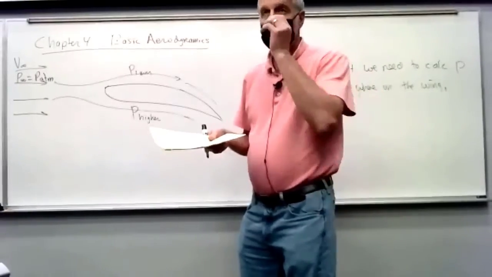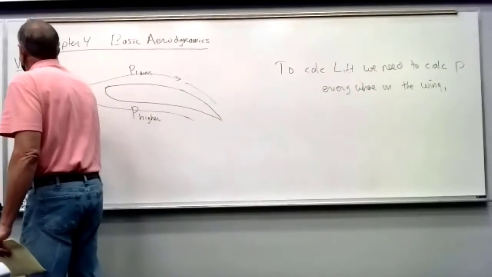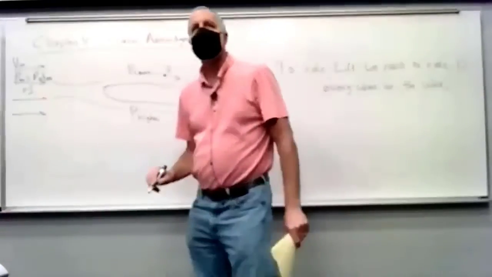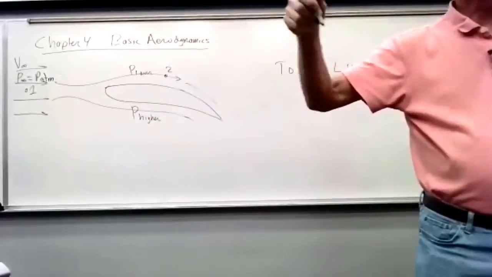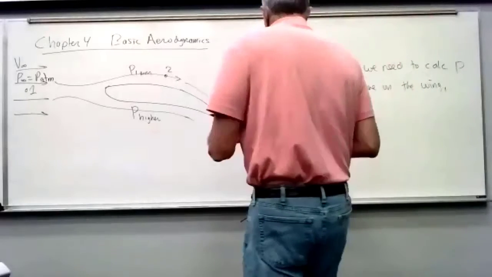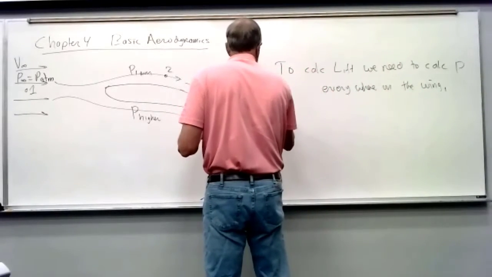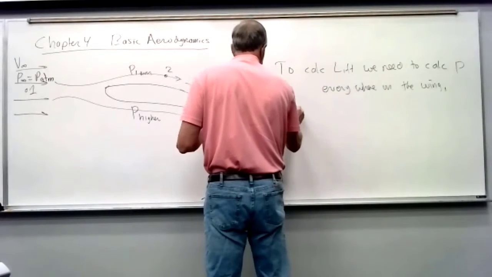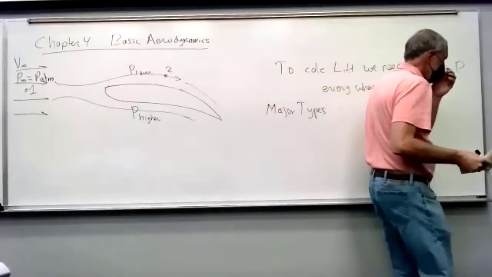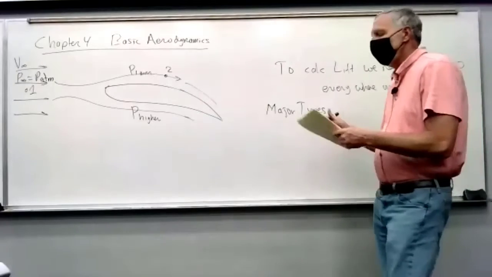So we're going to have a bunch of equations that have to do with flow coming from, say, point 1 out here in front over to, say, point 2 on top of the wing. And there will be equations that relate pressure, density, and temperature in the front and at another point along a streamline. To do those equations, it depends on what type of flow there is, because some types of flow require a lot more complicated equations than other ones. And so that's what I'm going to talk about now.